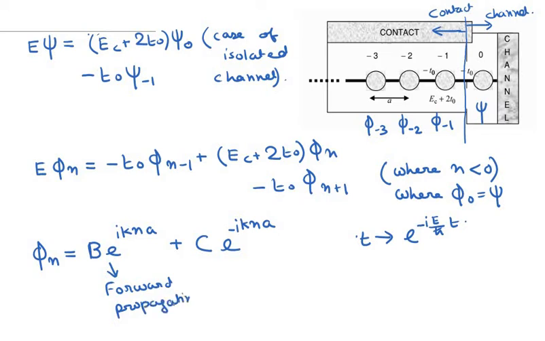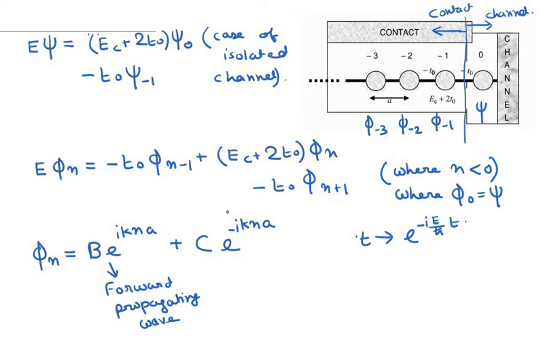So this is the wave that propagates from the contact into the channel, and then some part of the wave should also be reflected back into the contact, because the contact contains many electrons, so not all electrons can enter inside the channel, because the channel has smaller capacity compared to the contact.